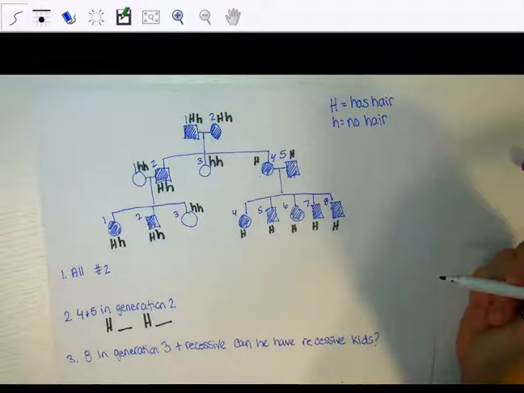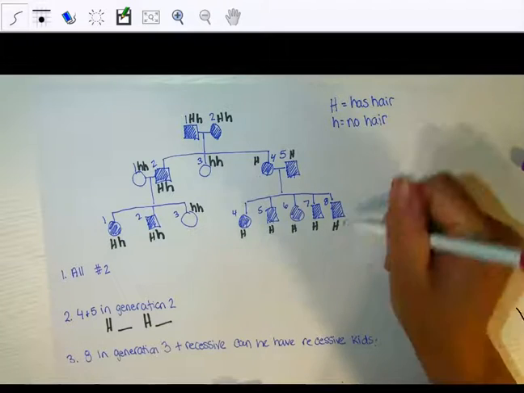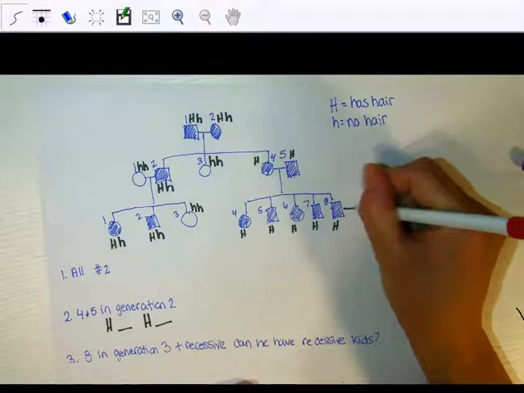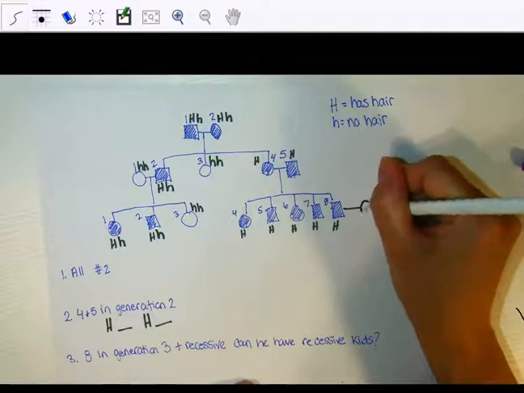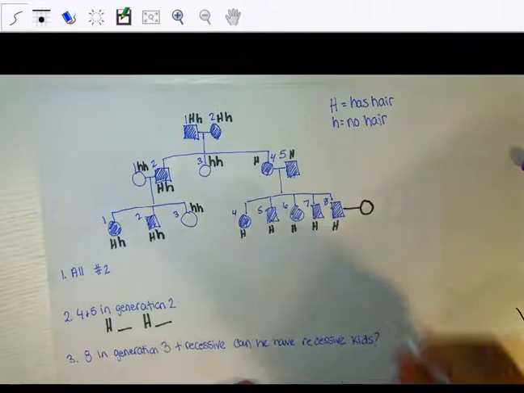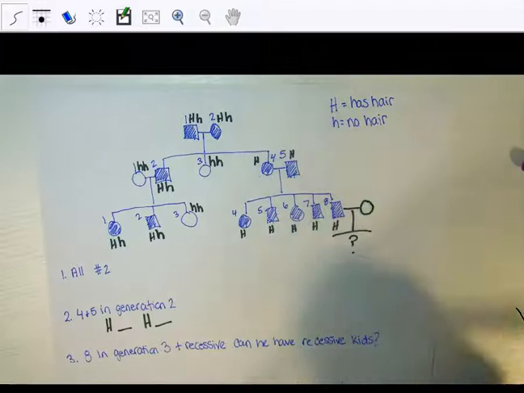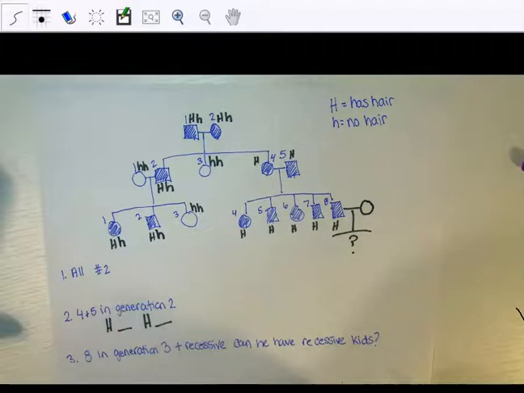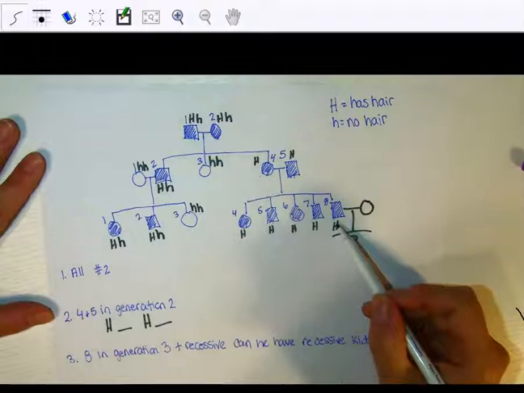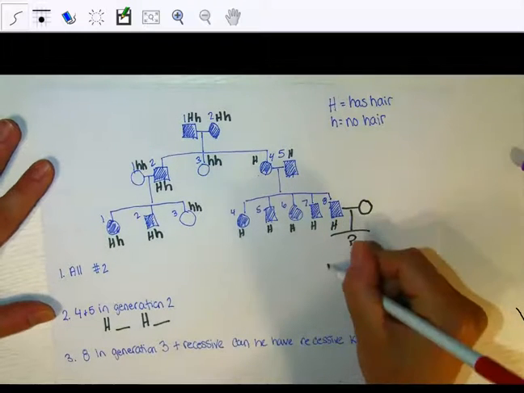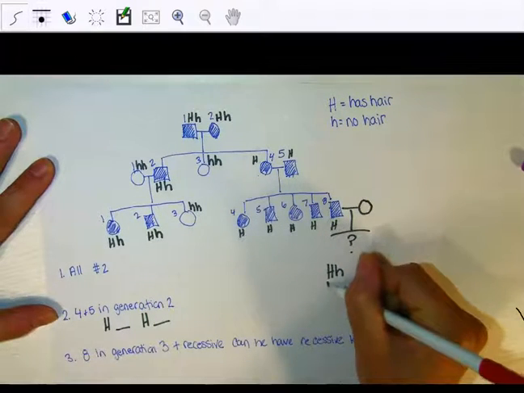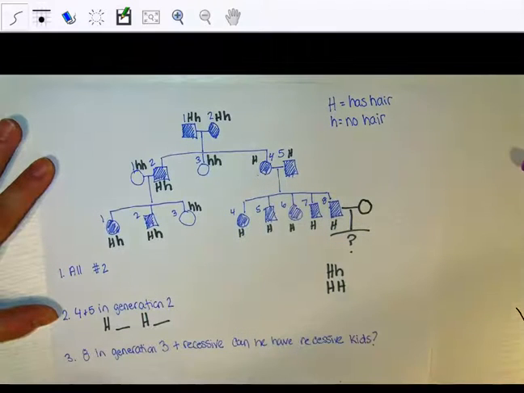And then in generation 3, it's saying if this one marries, or they don't have to get married to have kids, this one has children with this person. Could they have a recessive child? So remember, this guy, number 8, we don't know. He could be this, or he could be this, right?